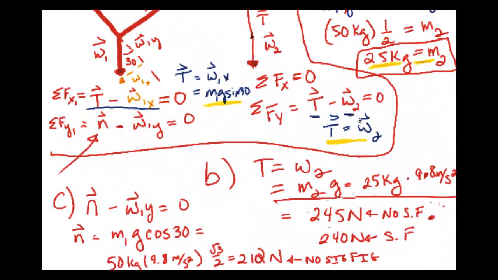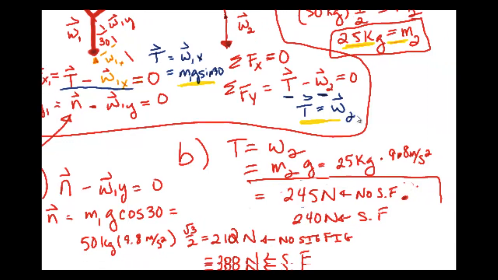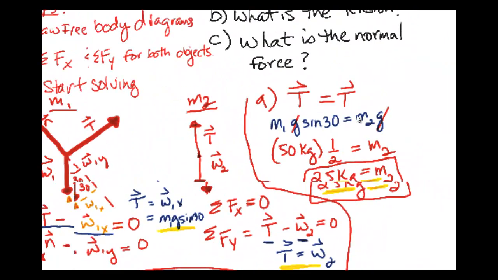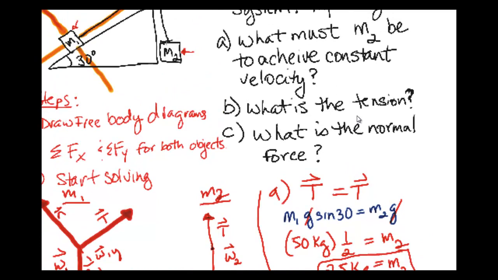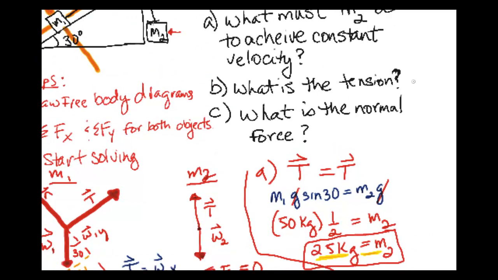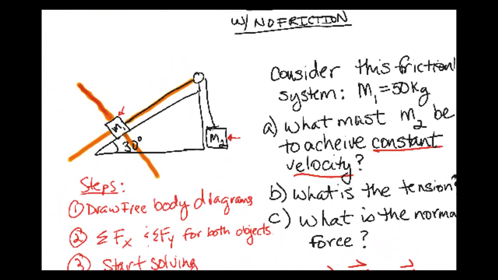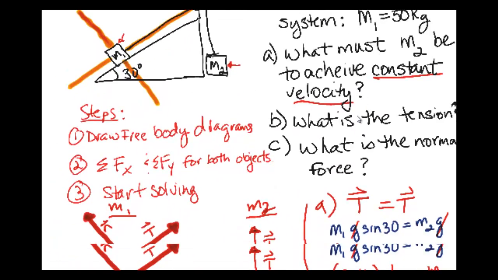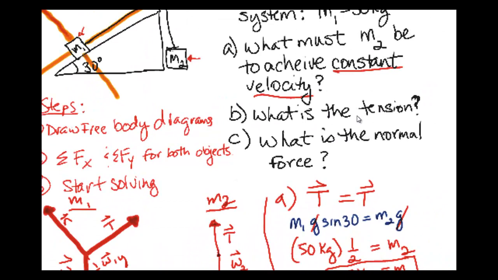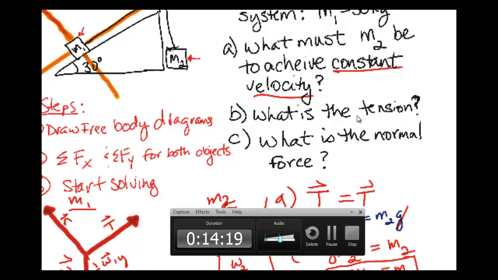So make sure you just practice, and go back through. Look for keywords again, like constant velocity, right, or equilibrium. That's what your indication is for Newton's first law. I hope that has clarified any confusion that you might have, and make sure you check out the example that has friction as well.